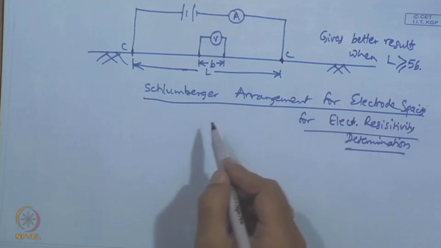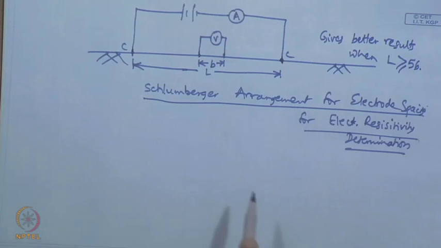So, this is the second common arrangement for the electrodes, and now let us discuss the interpretation of the results.